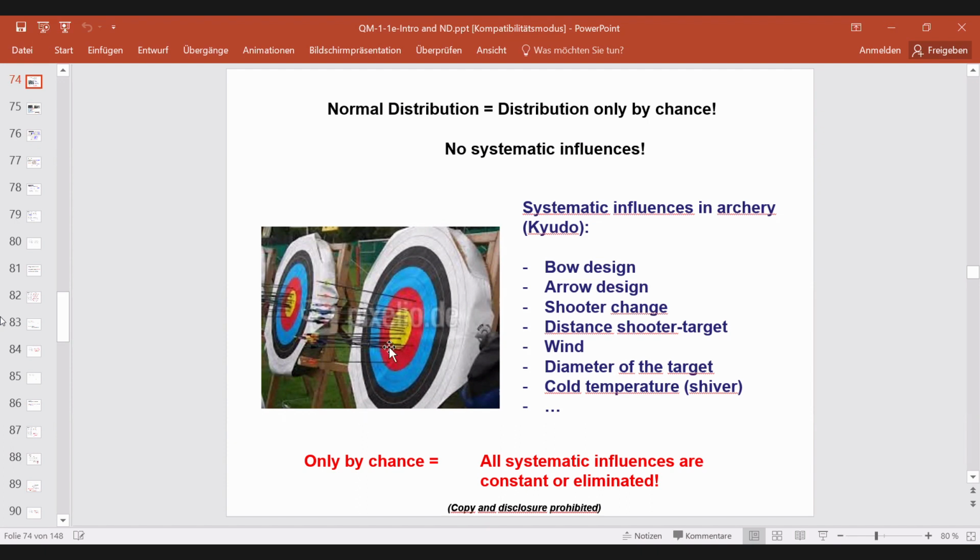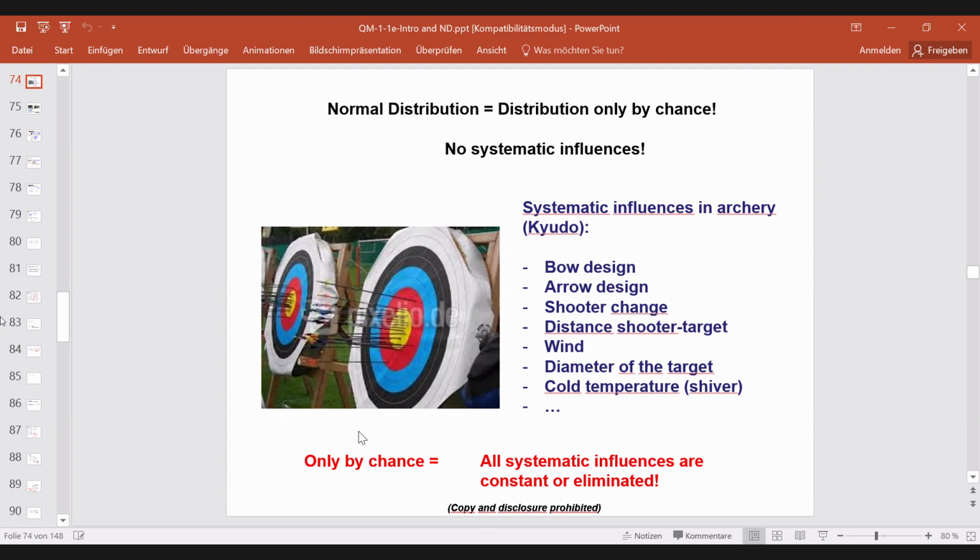And if you can make sure that they are eliminated or constant, then the distribution is only by chance, only randomized. This means normal distribution, no systematic influences on the process. And this is the basis for SPC and all these equations, Cp and Cpk.